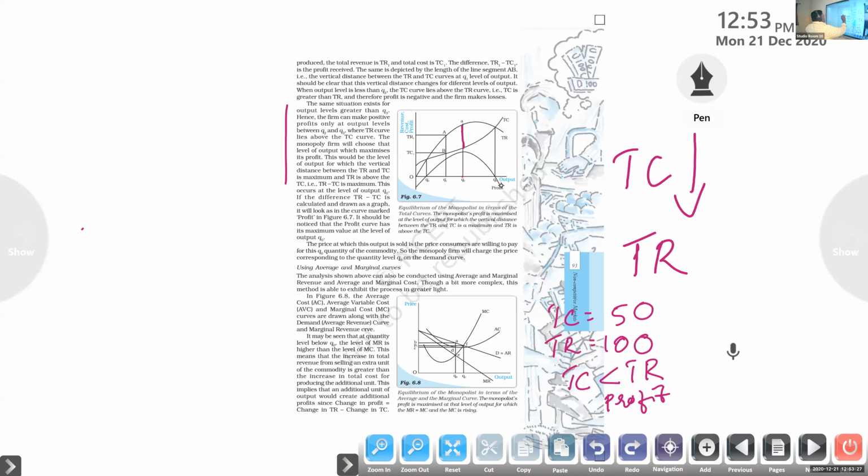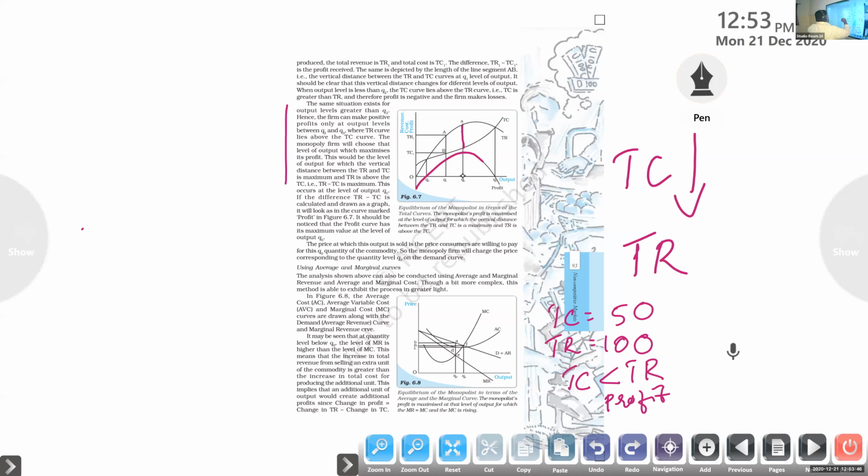Comparing Q3, Q2, Q1, and Q0, Q0 is the highest one, right? Q3 is 0, Q2 is also 0, Q1 is lesser than Q0.